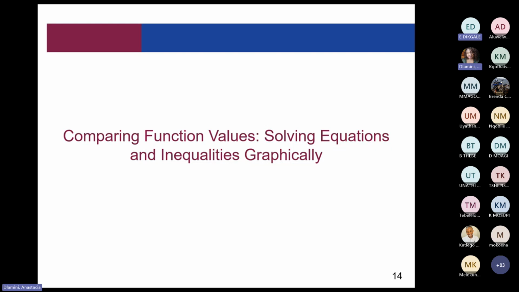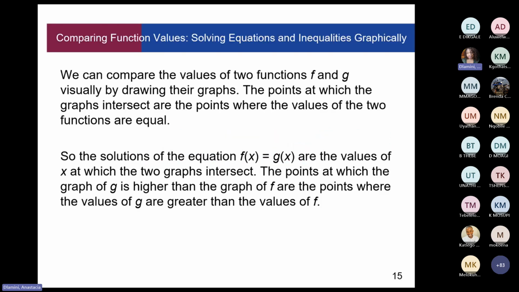Let's go and see what I'm talking about. They say we can compare the values of two functions, f and g, visually by drawing their graphs. The points at which the graphs intersect are the points where the values of the two functions are equal. Remember when they say find the point of intersection?